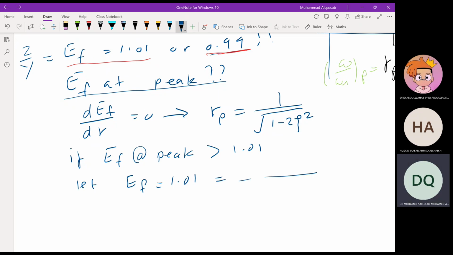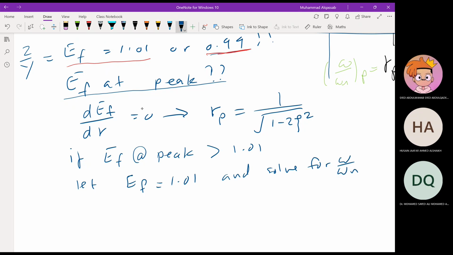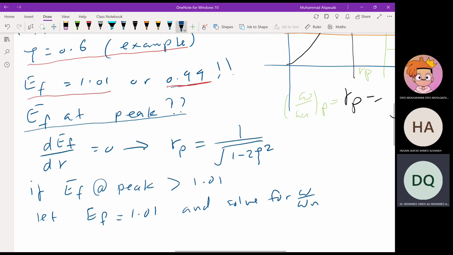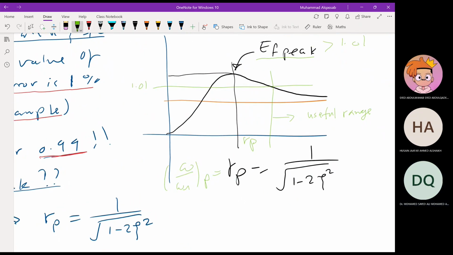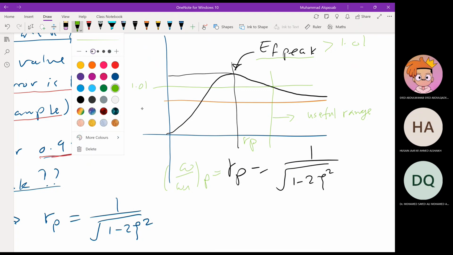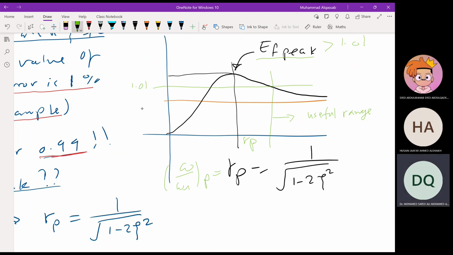and solve for R, or solve for omega over omega n. Okay, and there will be two values, as you can see from the graph. There will be intersection at this point, which is R1, and at this point, which is R2.